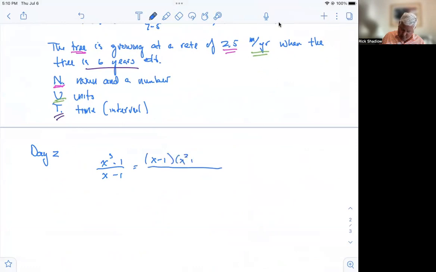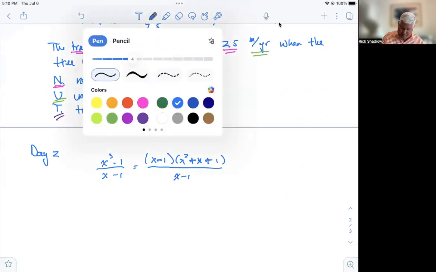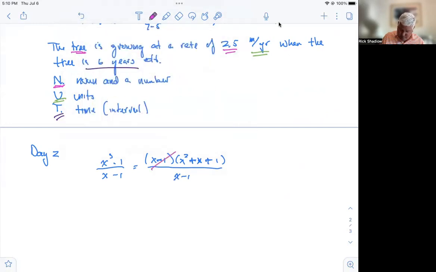Again, use your SOAP: same, opposite, always positive. And then the x minus 1 over itself, I won't say it cancels, but simplifies to 1.